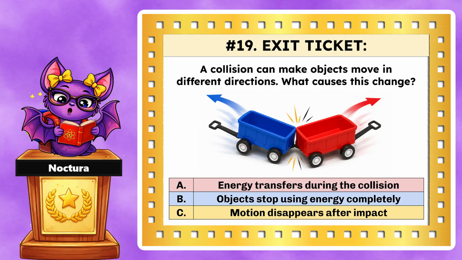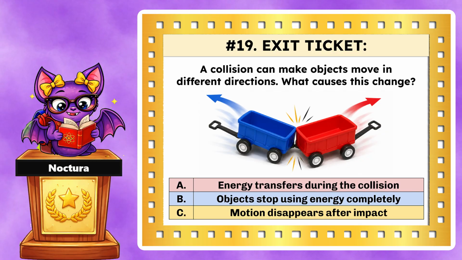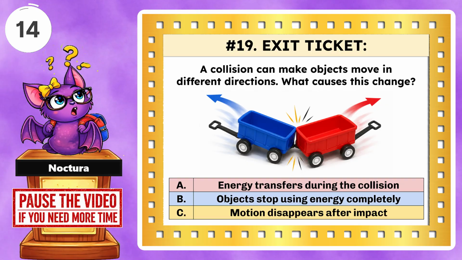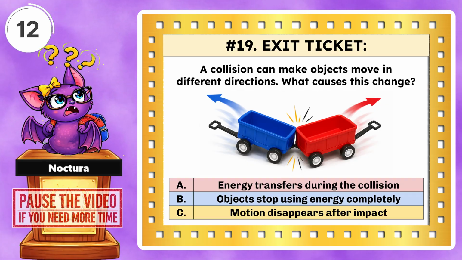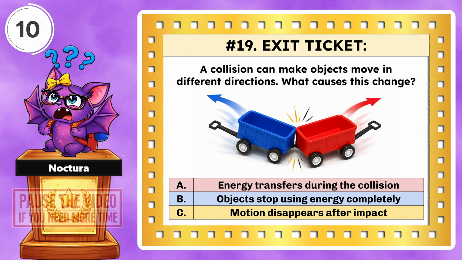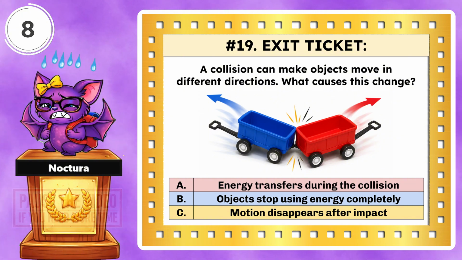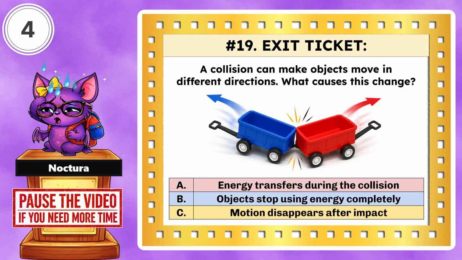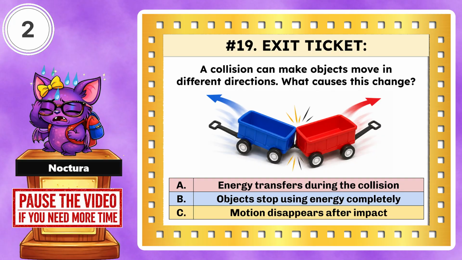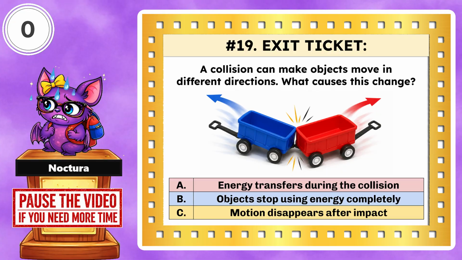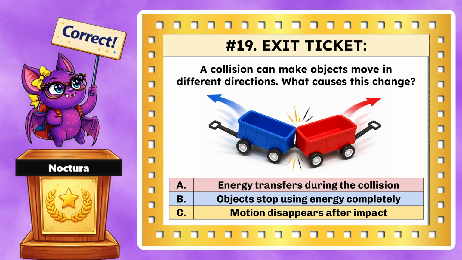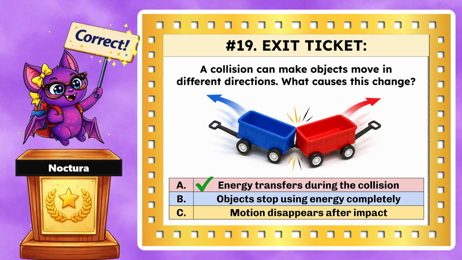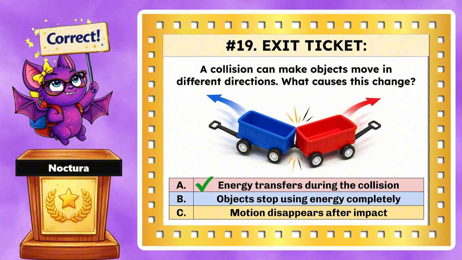A collision can make objects move in different directions. What causes this change? And the correct answer is letter A. Energy transfers during the collision.